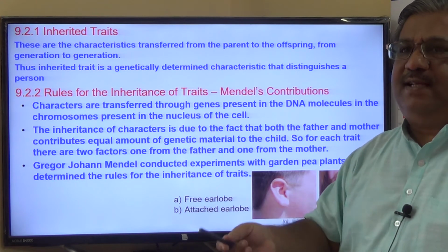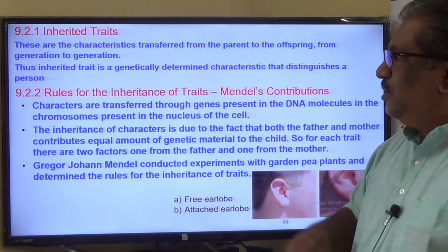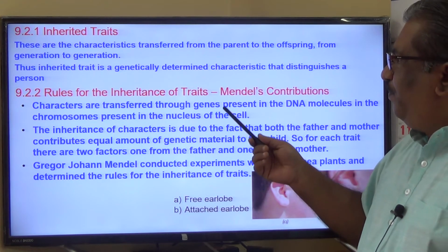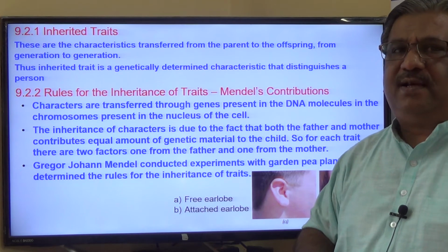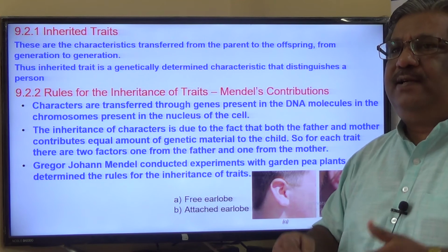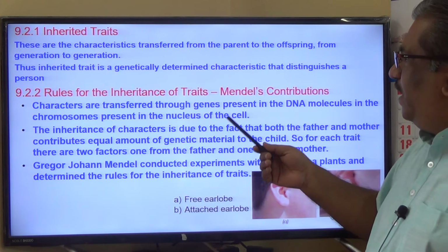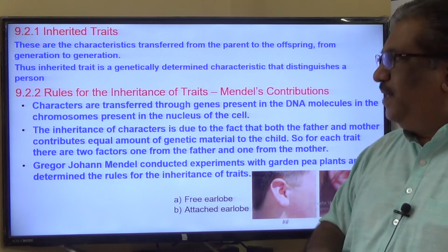He devised the rules of inheritance. More famously, these experiments are known as the Monohybrid Experiment and Dihybrid Experiment, and that led to the field called genetics. Gregor Mendel is also called the father of genetics.